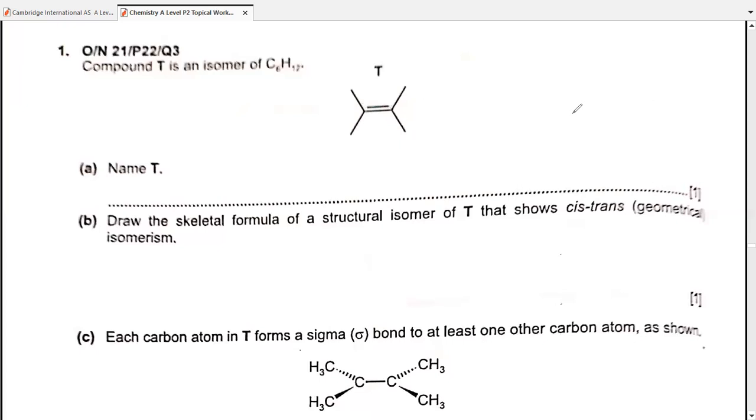Draw the skeletal formula for a structural isomer of T that shows cis or trans geometrical isomerism.